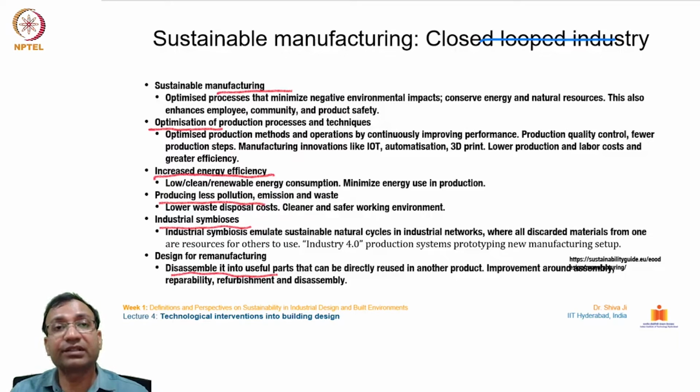Apart from this, it has the potential to enhance the well-being of the employees and other stakeholders, the community, because the community and the people are an important part of this whole sustainable growth and development process. So how sustainable manufacturing can help the community, and how product safety can be enhanced in products, for responsible use.